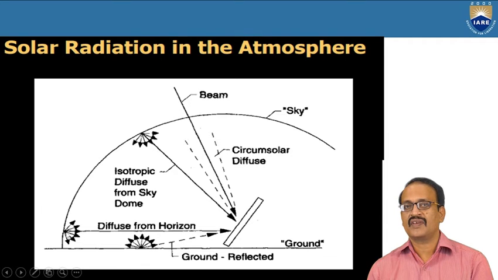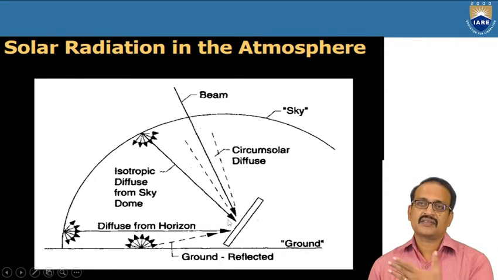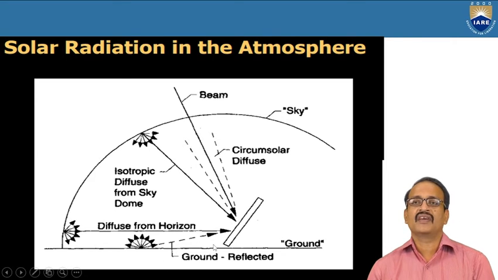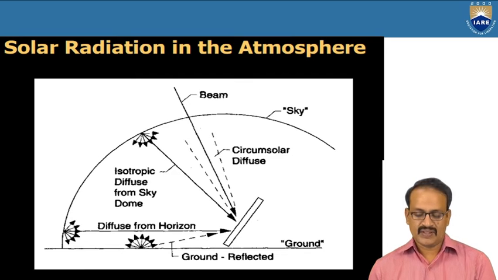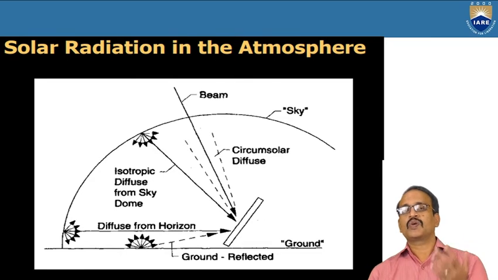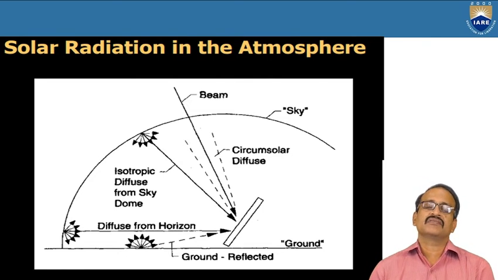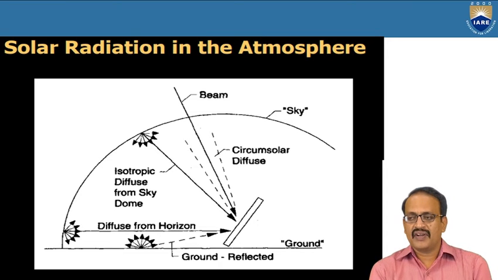The sun is coming like this, not perpendicular, it is coming parallel to that surface, and this is reflected back from the ground to the panel. So these are many different types of rays.